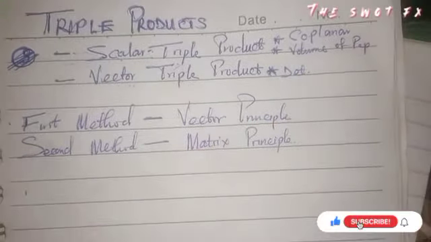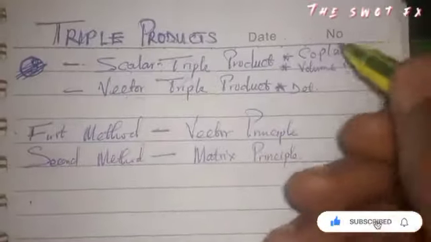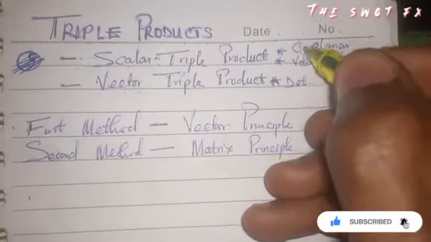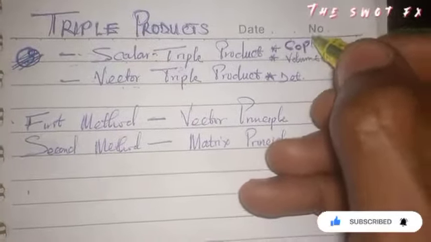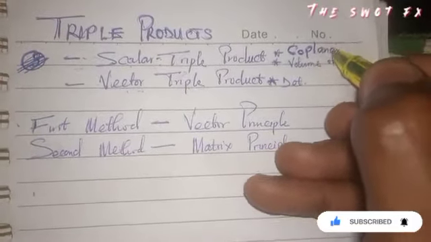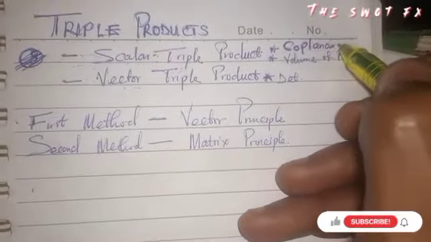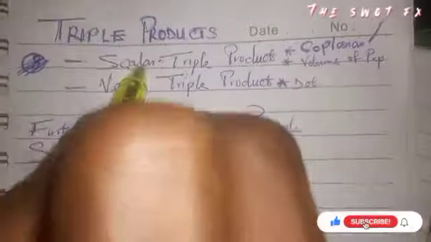So to make it fast, whenever you are given a question and asked to check if the vectors are coplanar, you make use of scalar triple products.